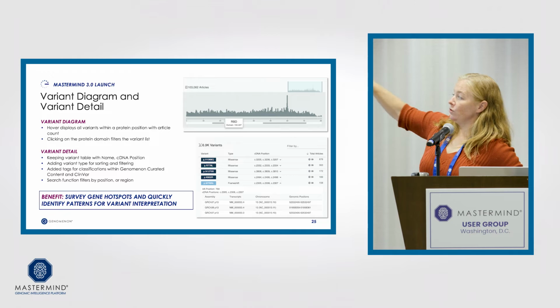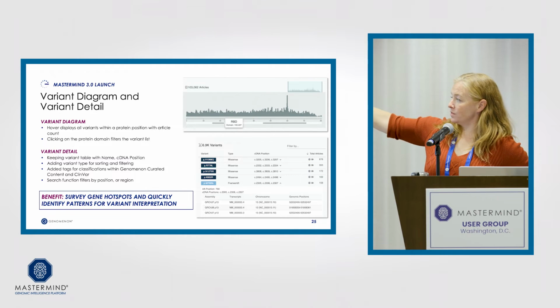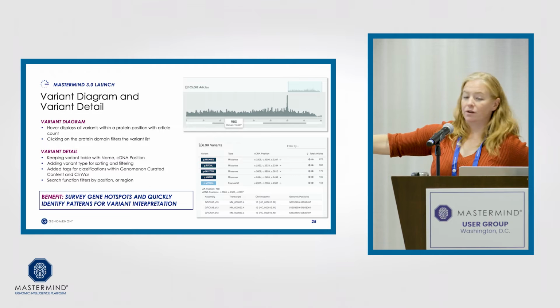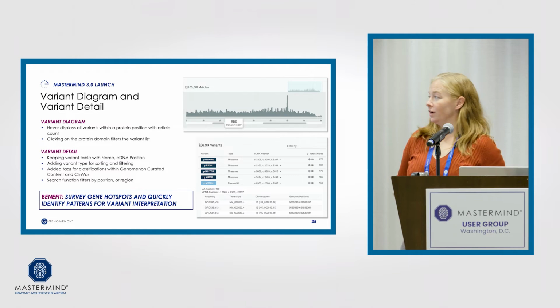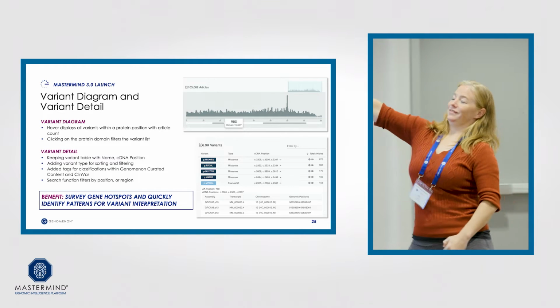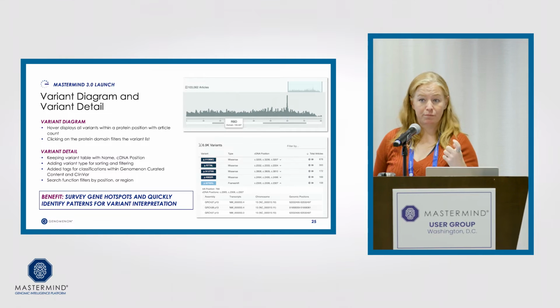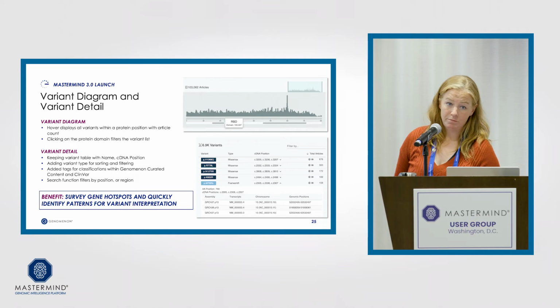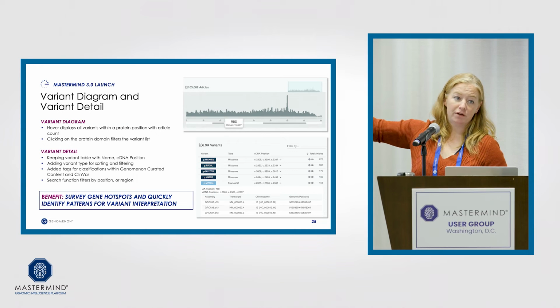So it's just showing you all of the variants across that gene, as well as those then broken down. You can obviously see them down here. So what you can do is say, I'm looking for missense variants, but I know I'm filtering by a specific domain. I know I want to filter by plus or minus a couple residues from where I am. You can do that there and then see if those are actually in fact pathogenic.